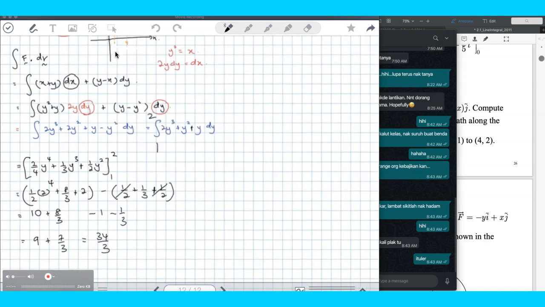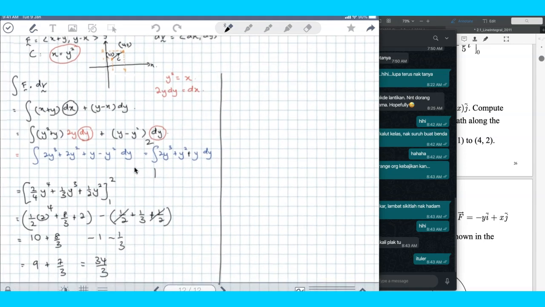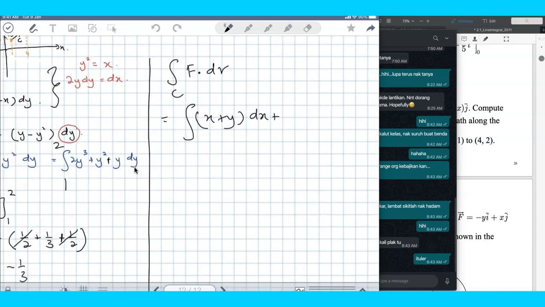Okay, so this one, you transform in terms of y. And also actually you can obtain the f dot dr. So from this step, your f dot dr over the curve C is given by x plus y dx plus y minus x dy.